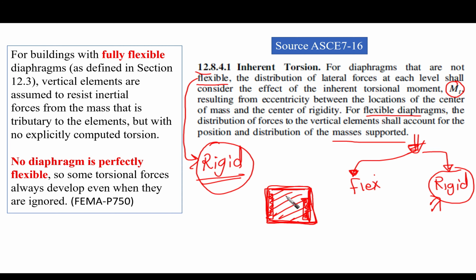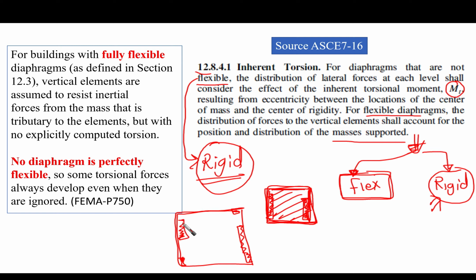So now we are going to talk about this issue, but the code is highlighting something important. If there is a flexible diaphragm, then our understanding and simplification of the torsion will not work for us, and we need to use the tributary area for putting the forces on each element. For example, let me draw something a little bigger, and we have columns here and there, and shear walls here and another shear wall here, and so on.